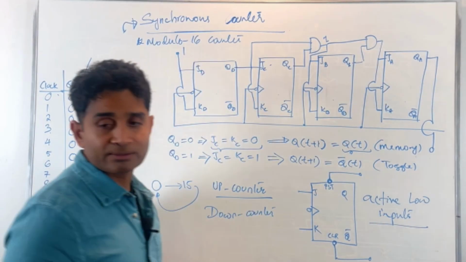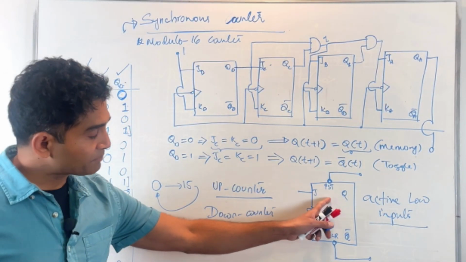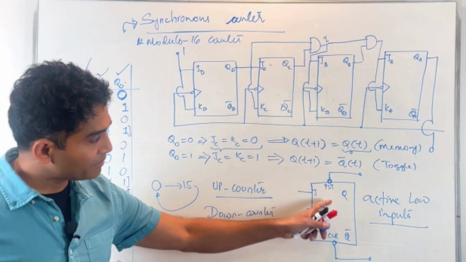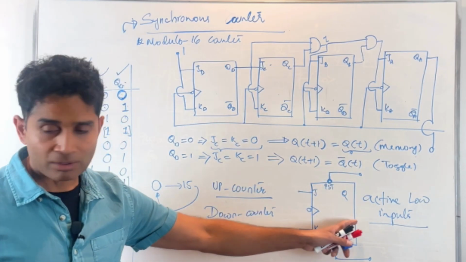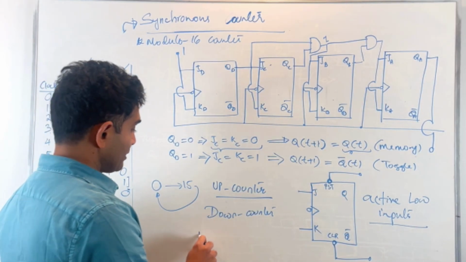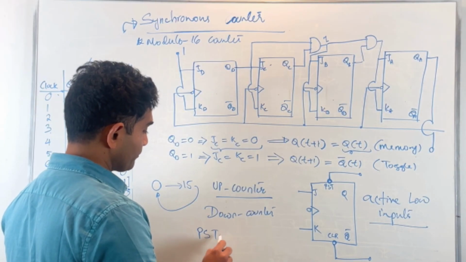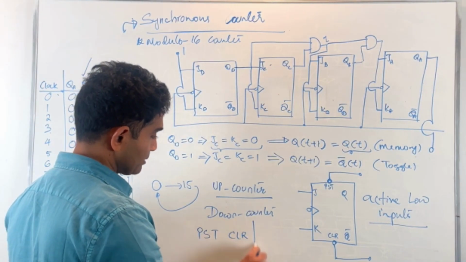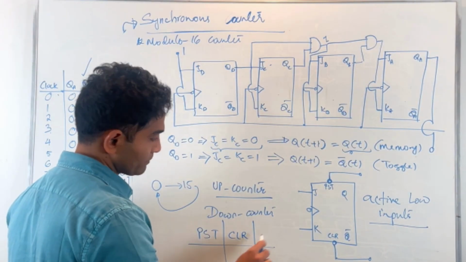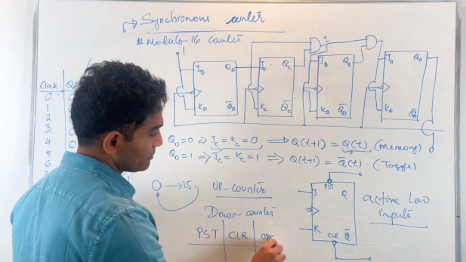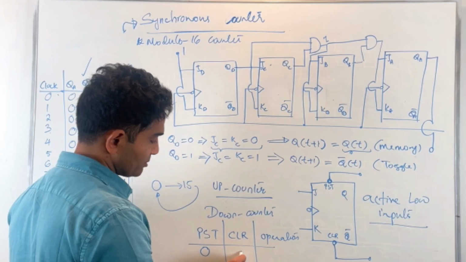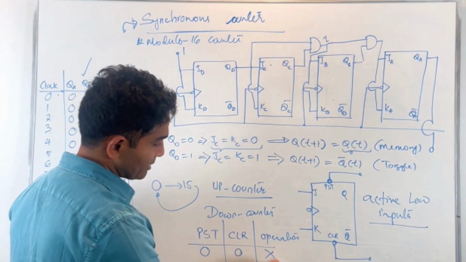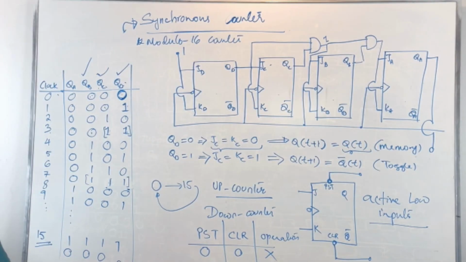What that means is, for this flip-flop, these inputs only work when I apply a low signal on preset or clear. If I want to put that down in a table, for the preset and clear inputs and the operation: 0 0 obviously doesn't make sense, since I cannot have both preset and clear at 0 at the same time.